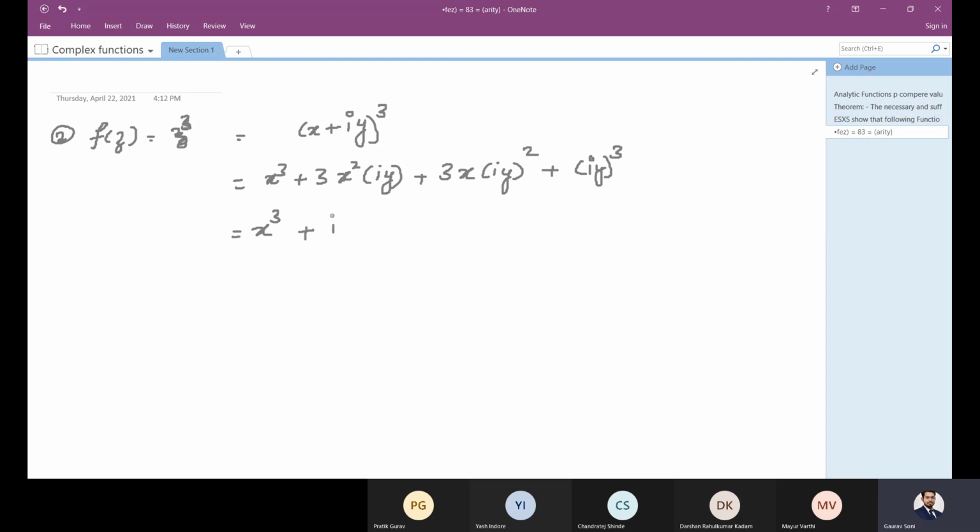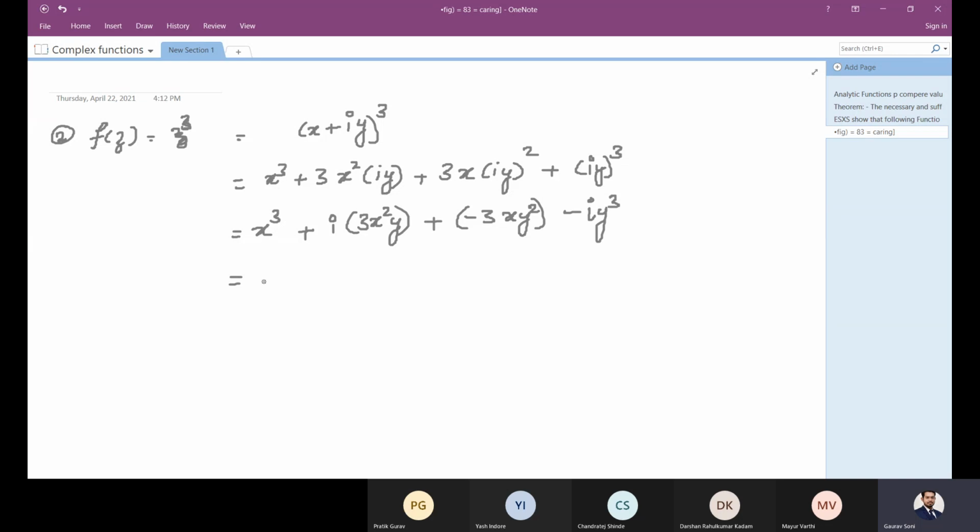That is x cube plus i times 3x square y; i square is minus 1, so this becomes minus 3x y square; i cube is minus i, giving minus i y cube.